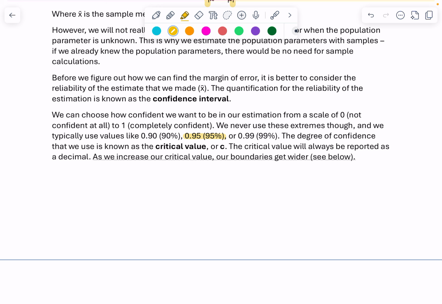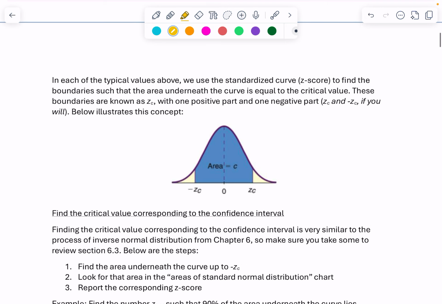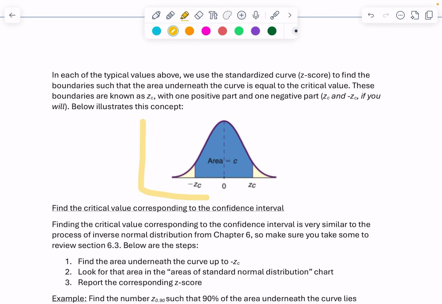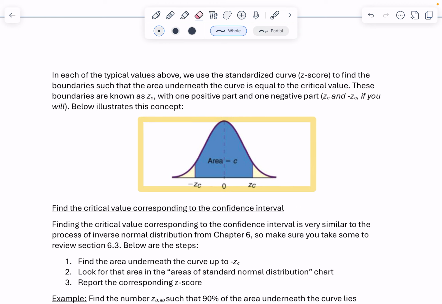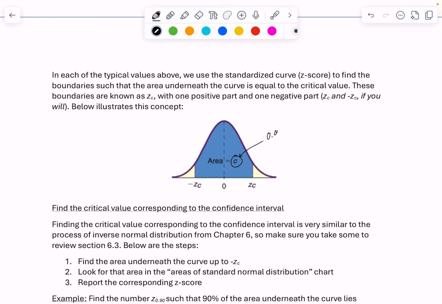And this can be represented in this figure down here. As we get more and more confident, we're looking at the area underneath the curve for this confidence level, very similar to how we used the area underneath the curve for determining probabilities in the previous chapter. So here, let's say we have a confidence interval of 90%.